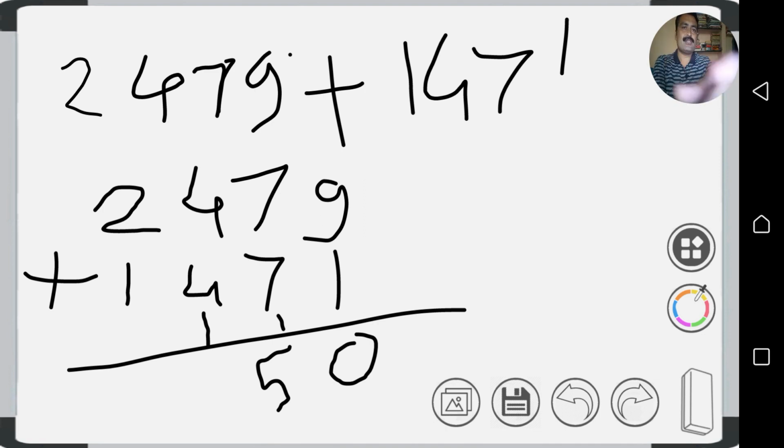Next 4 plus 4 is 8, add the 1 carry to that, so 8 plus 1 we get 9, and in the last addition 2 plus 1 we get 3. So here I am getting the answer, that is the sum, 3950. This is the first example that I am explaining without columns.